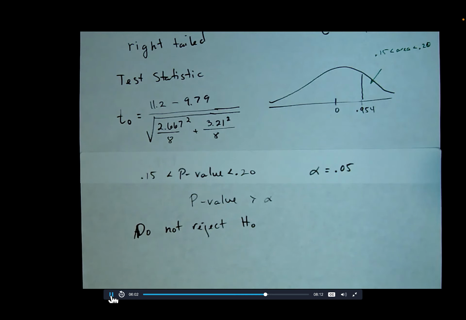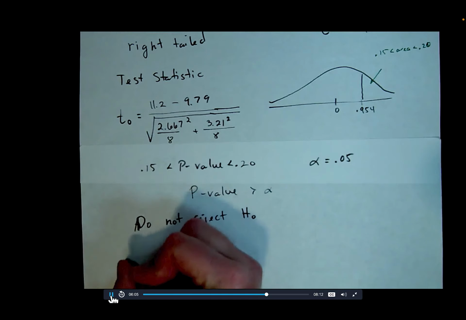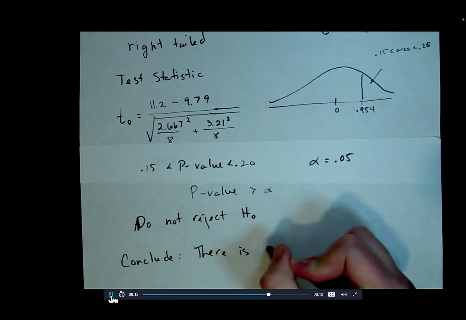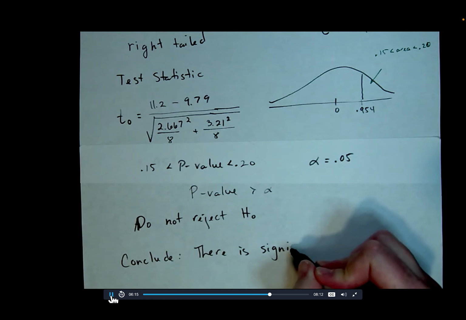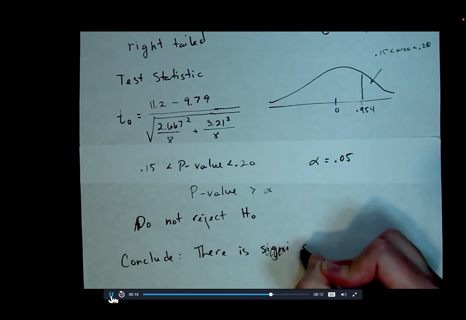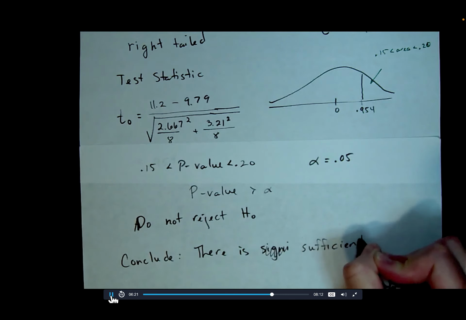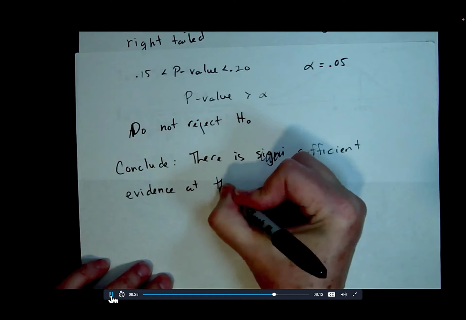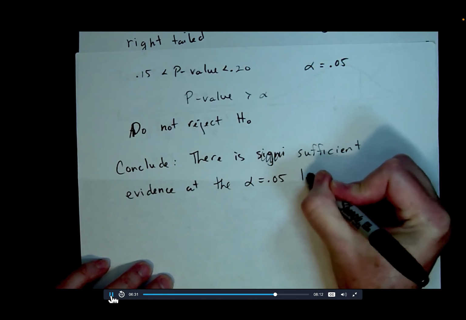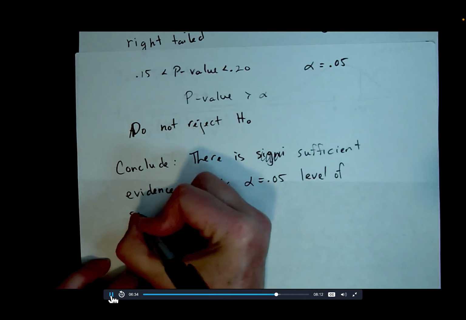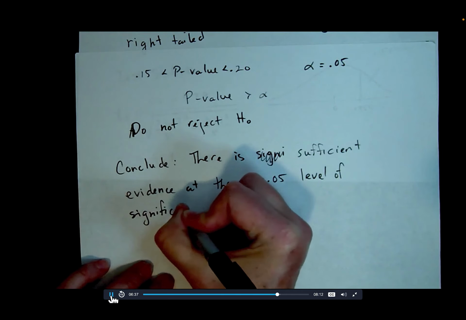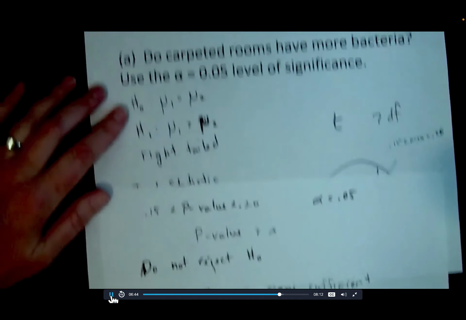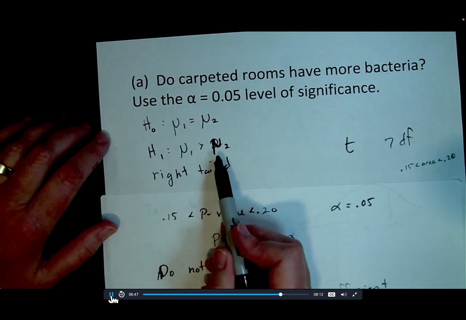That means we feel there's evidence to support H1, so we conclude there is sufficient evidence at the alpha equals 0.05 level of significance to conclude that mu1 is greater than mu2, but let's put that in words.